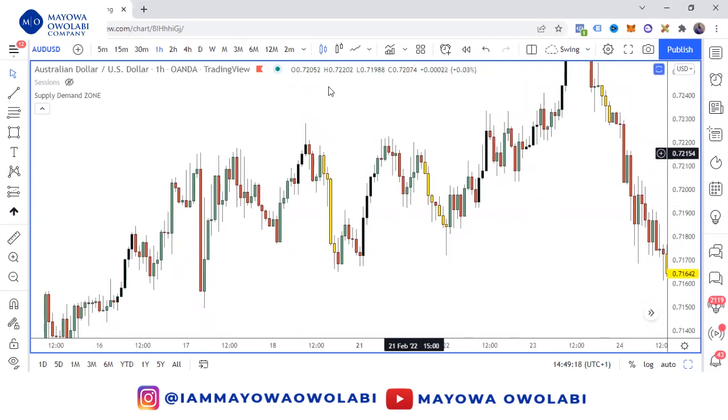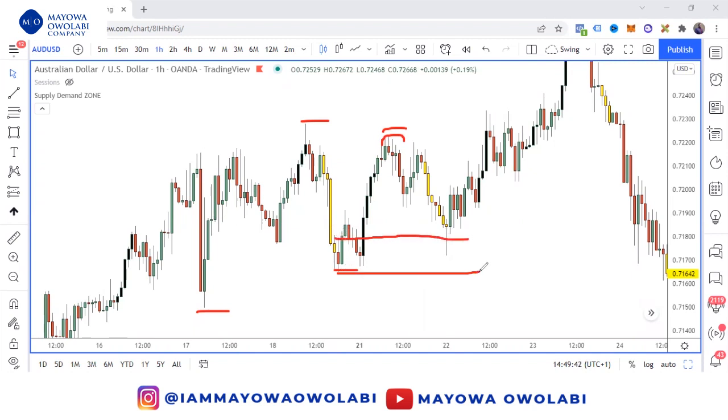You can see here right now, we have a higher low, a higher high, a higher low that is yet to create a higher high. However, the market has been showing bullish momentum on the higher time frame. Because of that, I want to trade the last bearish candle that was created here. That will be where I put my 50% entry.